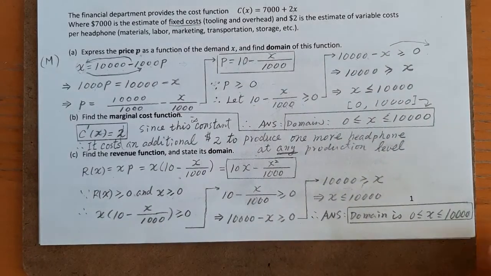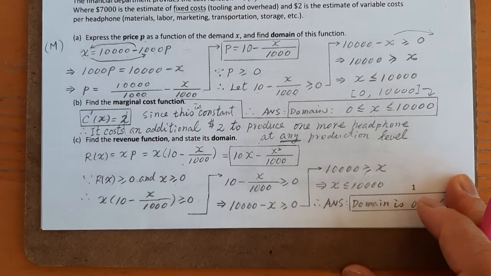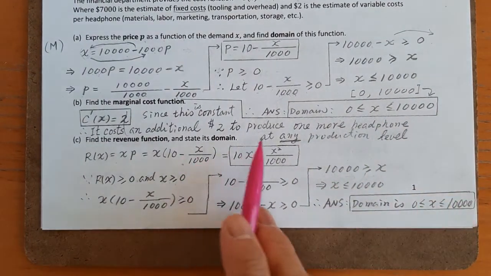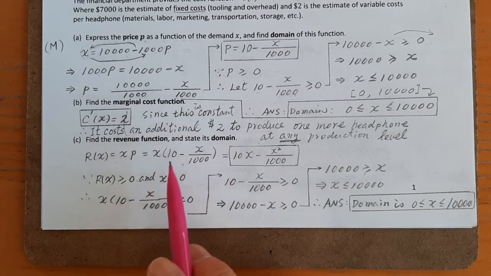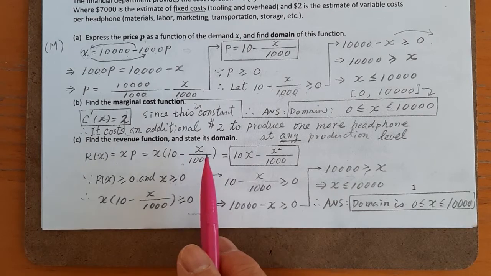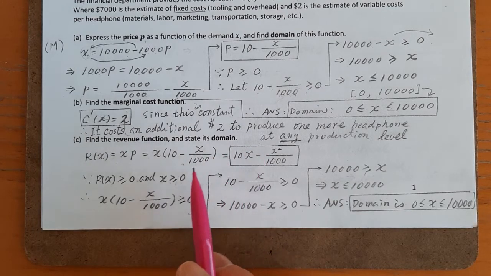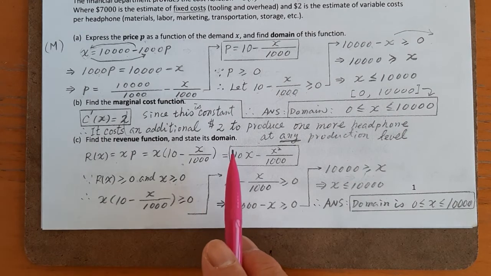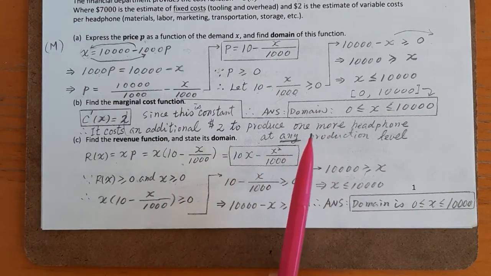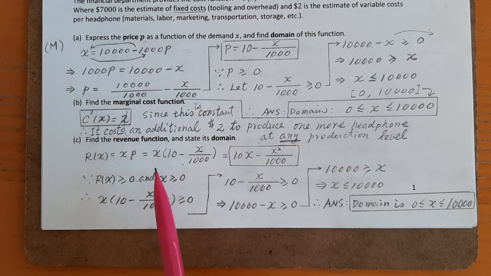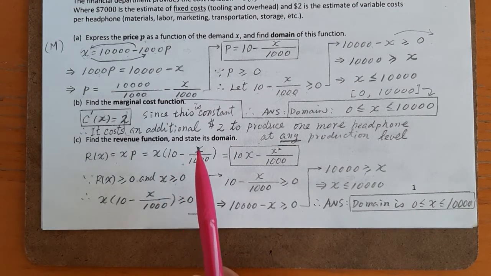And C, find the revenue function and state its domain. The revenue is the price times x, where x is the demand, how many sell out, how many want to buy.